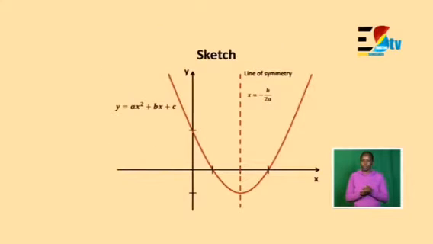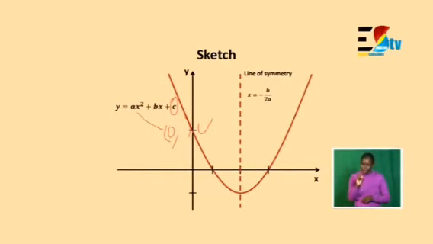So now I have here an example of a quadratic graph. I want you to notice, learners at home, that this is our y-intercept. The y-intercept is this value c. We call it our y-intercept because at this point we already know the x coordinate is 0.